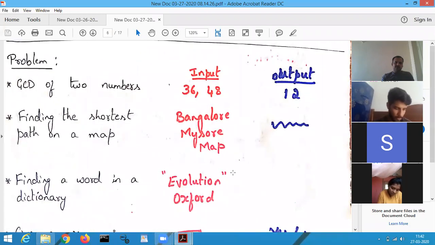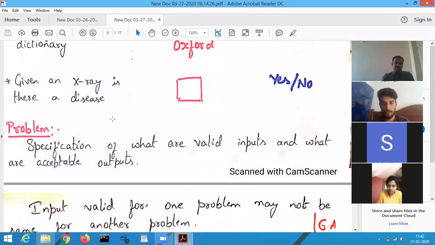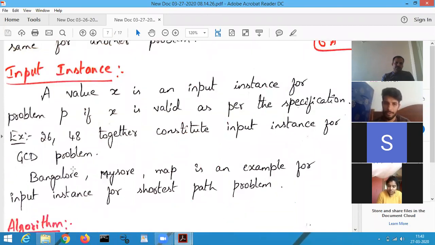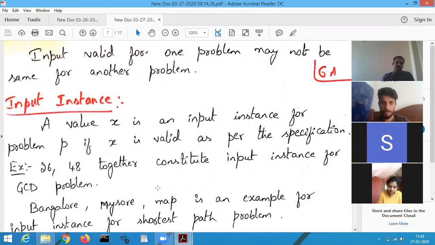Similarly, the Bangalore-Mysore map together constitutes the input instance for finding the shortest path on a map. That's what I'm saying here: 36 and 48 together constitute an input instance for the GCD problem, and the Bangalore-Mysore map is an example of an input instance for the shortest path problem.